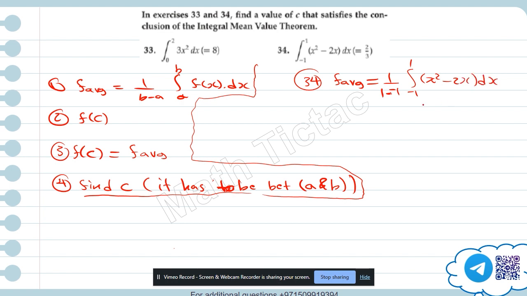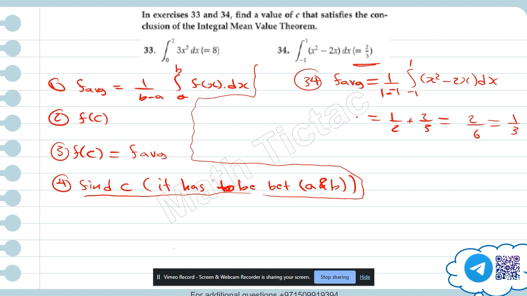Now they are saying that the value of the integration is equal to 2 over 3, so I will use it. So in here, 1 over 1 minus minus 1, which is 1 over 2, multiplied by 2 over 3 from this question. So this is going to be equal to 2 over 6, which is equal to 1 over 3. Okay, now we have found f average.